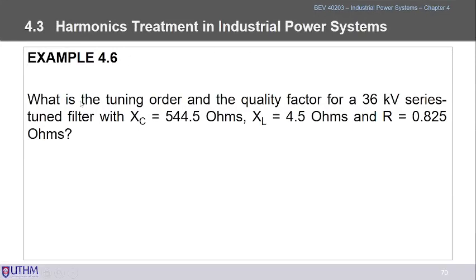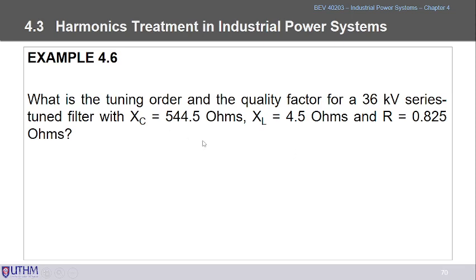So you can have some exercises here, so you can try your understanding by solving example 4.6. What is the tuning order of the harmonics and the Q value, if you have a 36 kV series tuned filter with XC of 544.5, XL of 4.5, and R of 0.825?